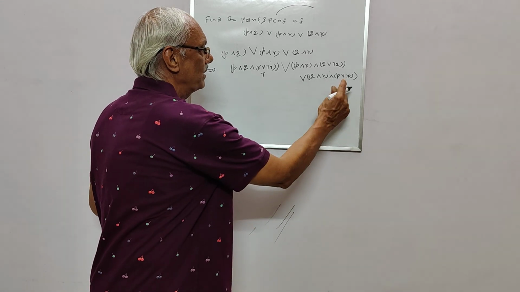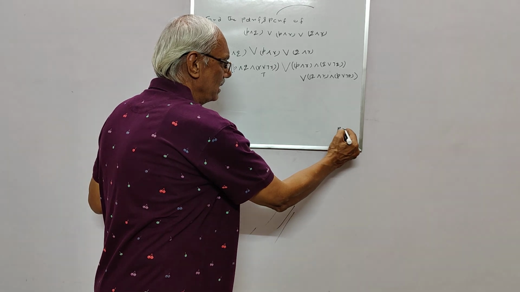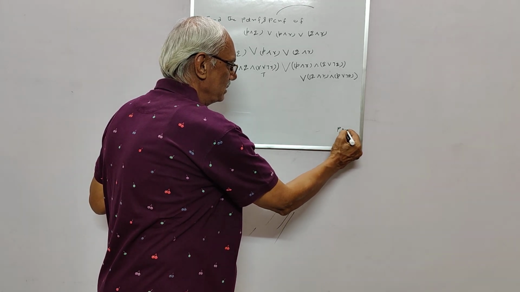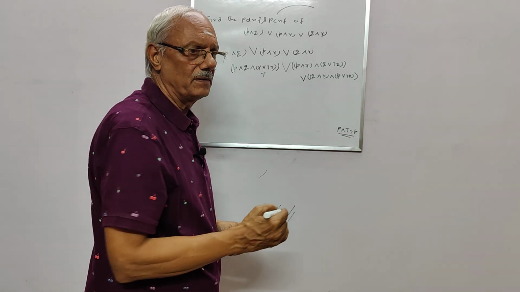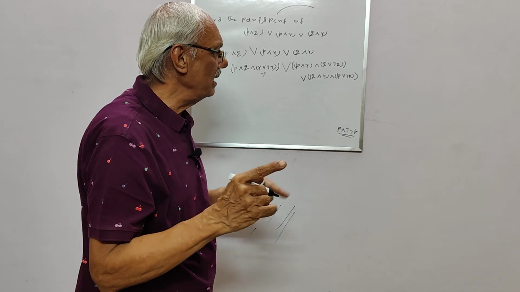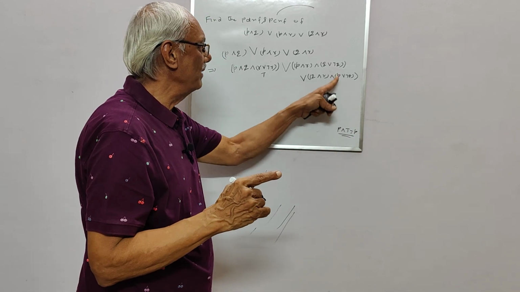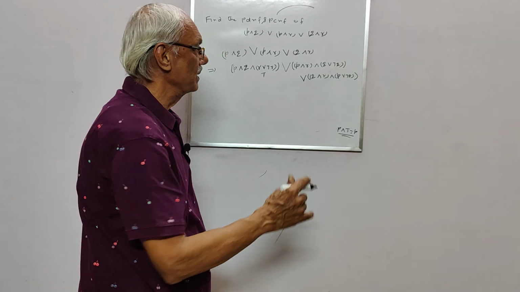Now this is nothing but what? So we have used the property that P conjunction T will be P, for any P. Therefore, I have used this law without changing the meaning of the compound propositions.